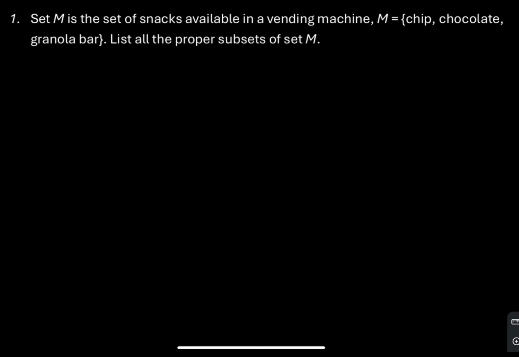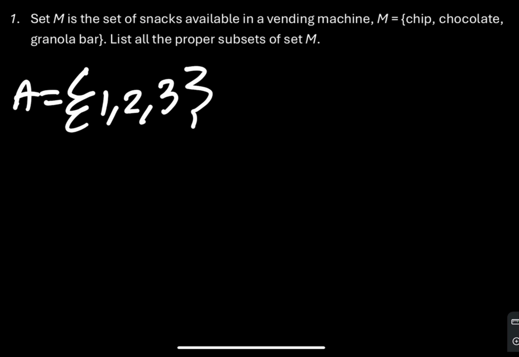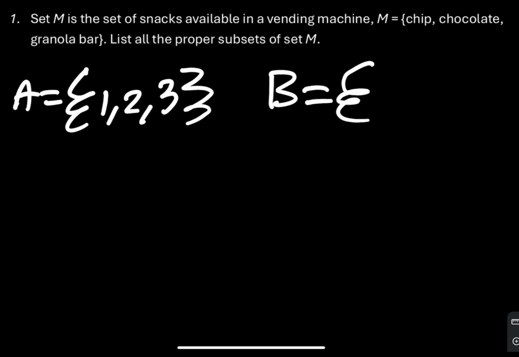So a proper subset is going to be a piece of the set that we're talking about, or just a piece of a set in general. So for example, if we have set A and it has the elements 1, 2, and 3, we'll say B is a proper subset of set A, which just means it's a piece of set A. We can pick any number that's in this set.